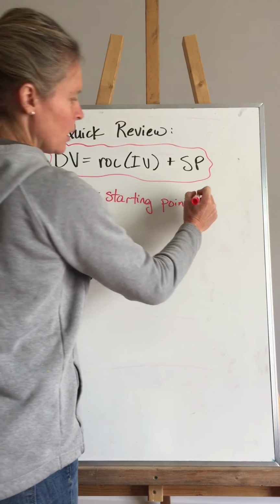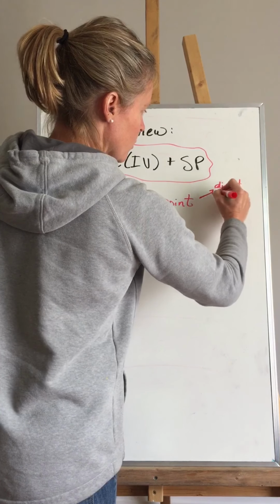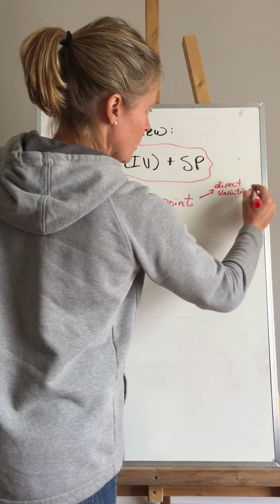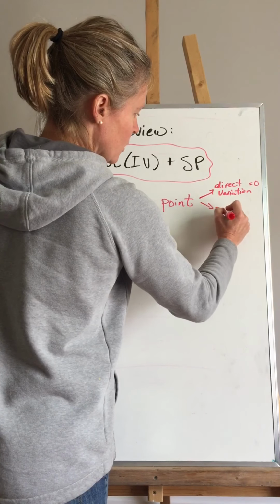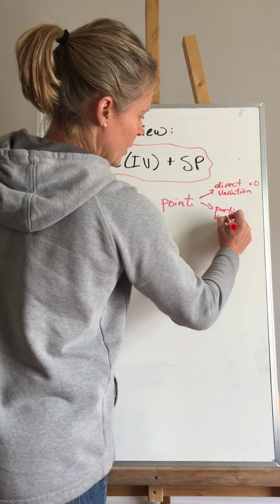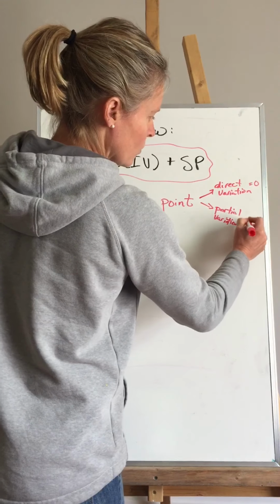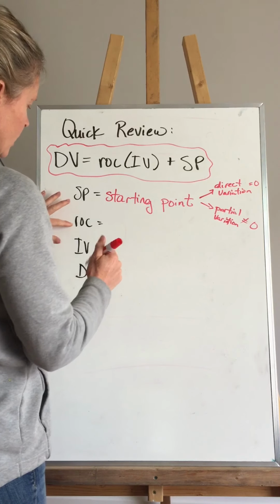If it's direct variation, your starting point will equal 0. If it's partial variation, then it will be something else that you're starting at, anything but 0.